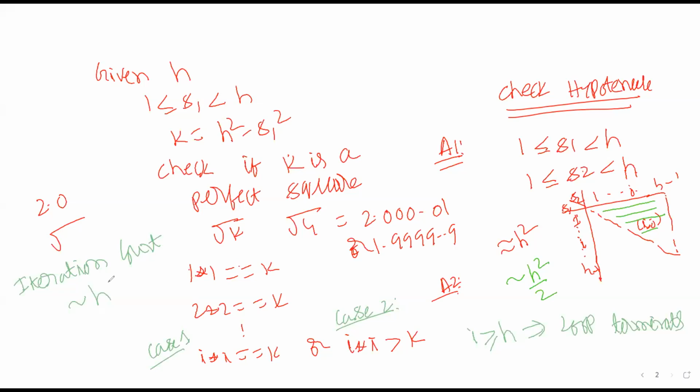So Divij, when we put that also, we go all the way till H, right? Yeah, as S1 increases.